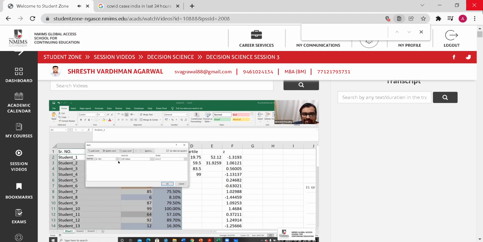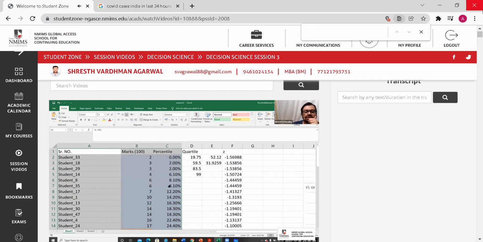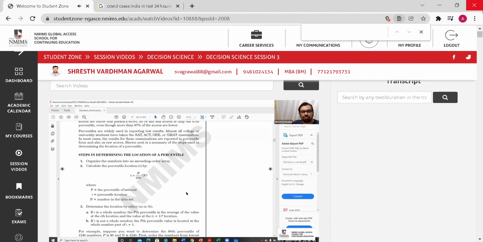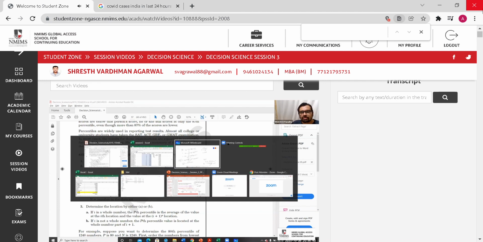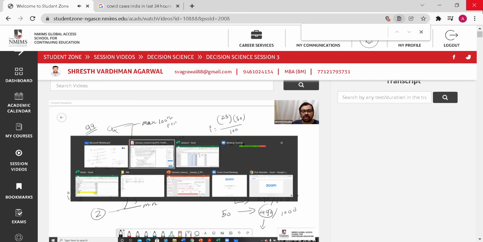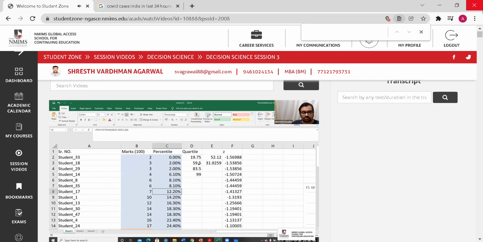Based on the marks, let's arrange the data in ascending order. Now i is 12.5, right? So 12.5 can be here, after this.